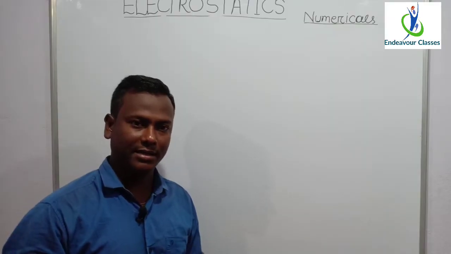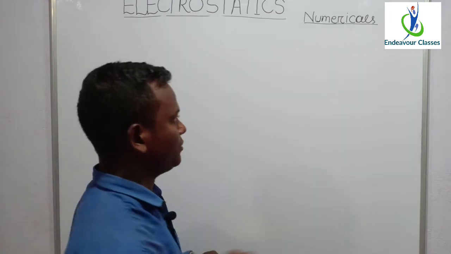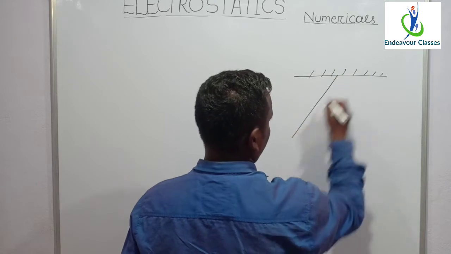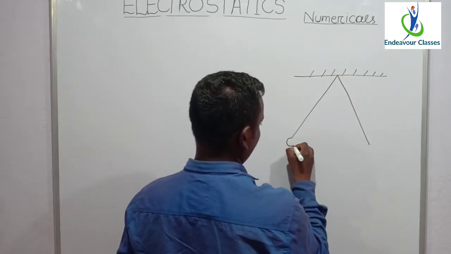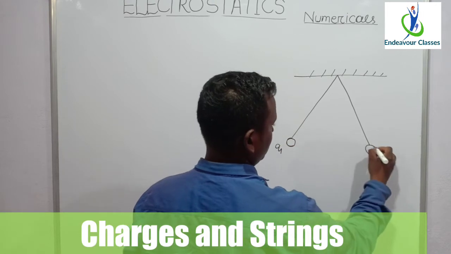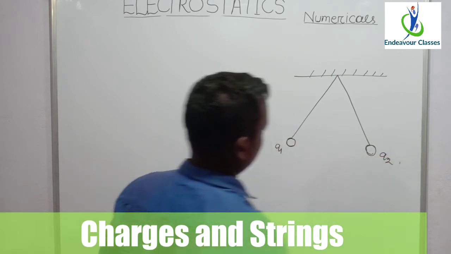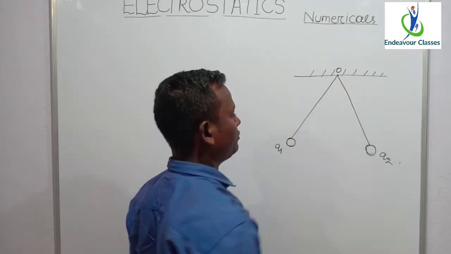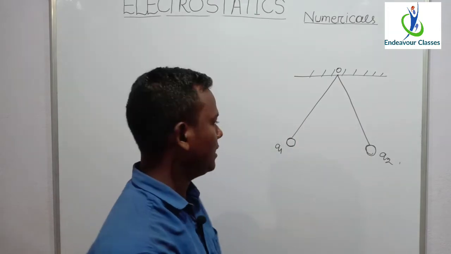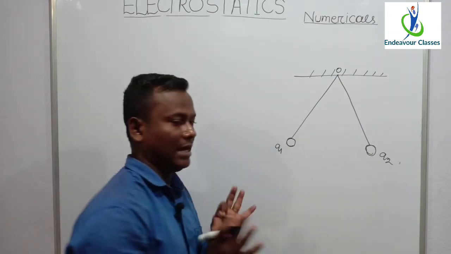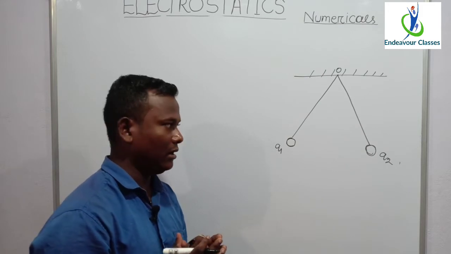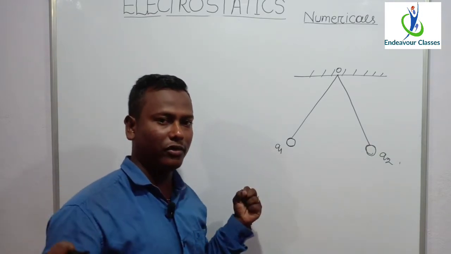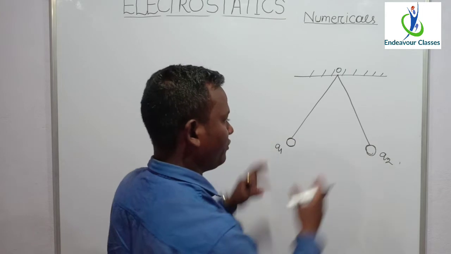Let's now discuss the concept of charges and strings in detail. You see, if there are 2 charges, q1 and q2, hanging from a rigid support from the same point by means of 2 non-conducting strings, then as the 2 charges are like charges, they will repel each other and push each other away, and at a certain distance they will be fixed.